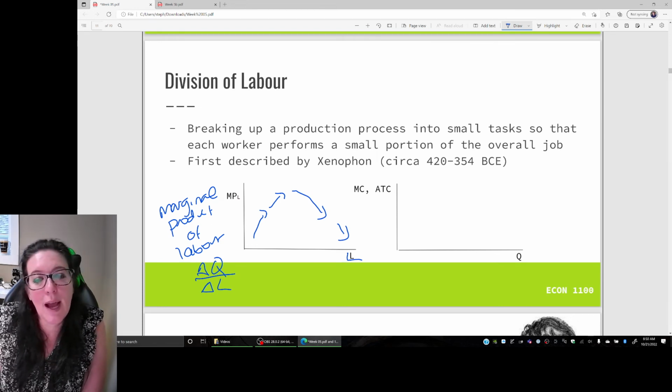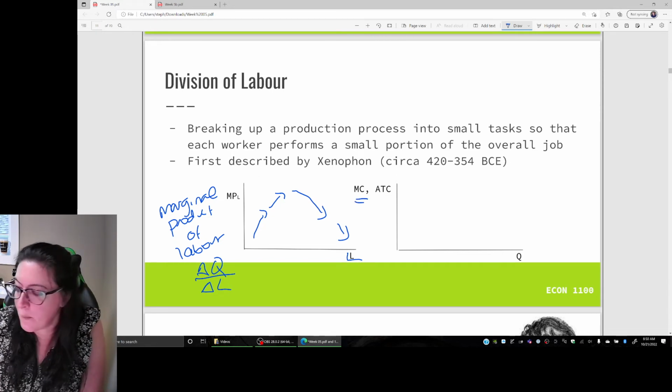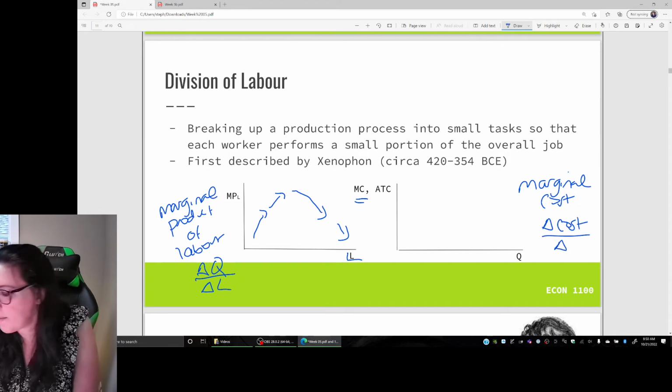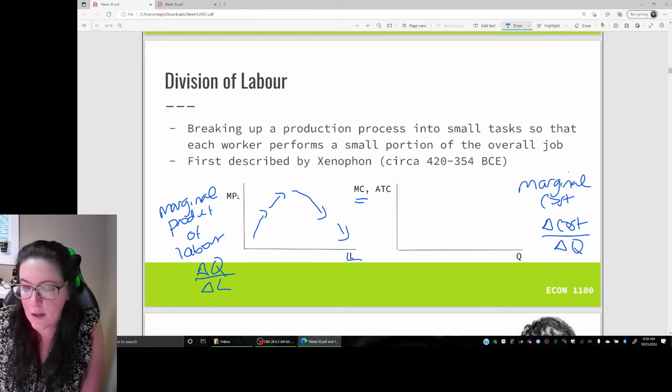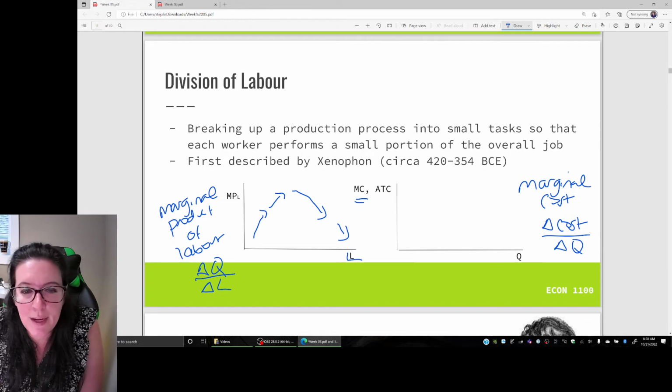Well, if we look at how much we're getting out of each worker, that's going to impact the marginal cost. This is going to be the extra cost, so here's a change in cost from producing one more unit. Okay, so if we are going to make one more unit, how much extra is it going to cost us?